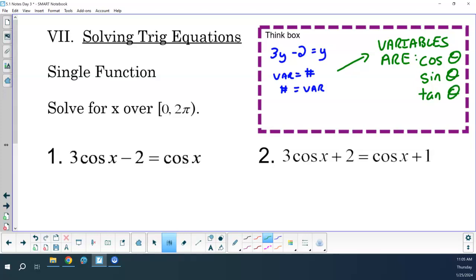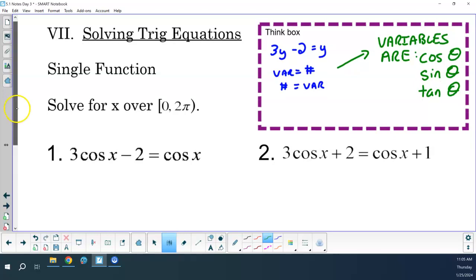Those are your 3 variables that you get to choose from. So with trig equations, now instead of variable equals number or number equals variable, we want it to be cosine equals something, sine equals something, tangent equals something, or some combination of that. Okay? So that's what we're thinking.